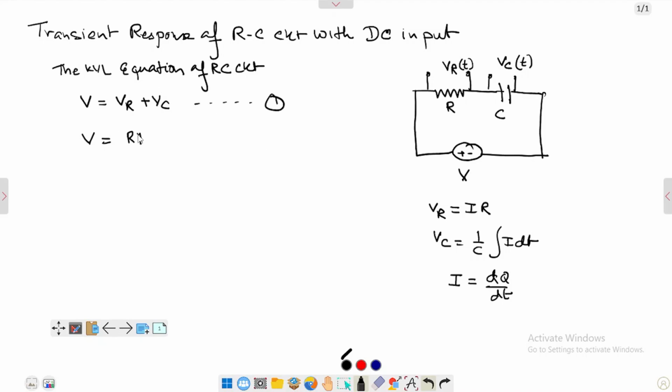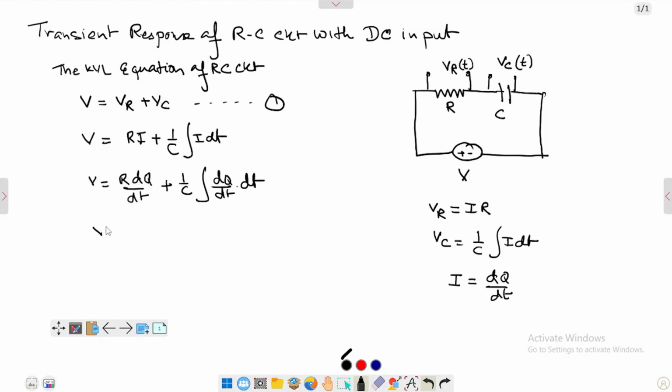I will write V equal to Ri plus 1 by C integration of I dt. I will plug the value of my dq here. So I got R dq by dt plus 1 by C integration of dq by dt into dt.